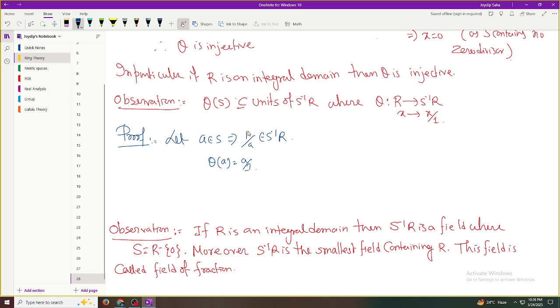So 1 means 1 R. Every time I cannot write 1 R. a by 1. Therefore 1 by a times theta a, that is 1 by a times a by 1, that is a by a.